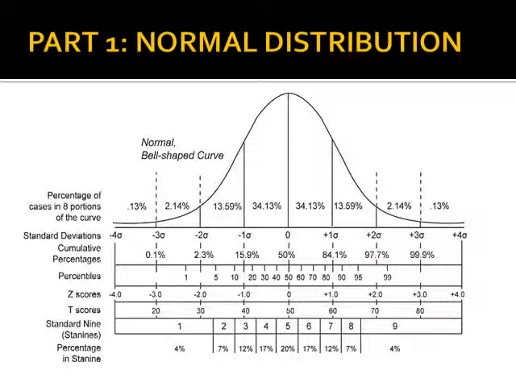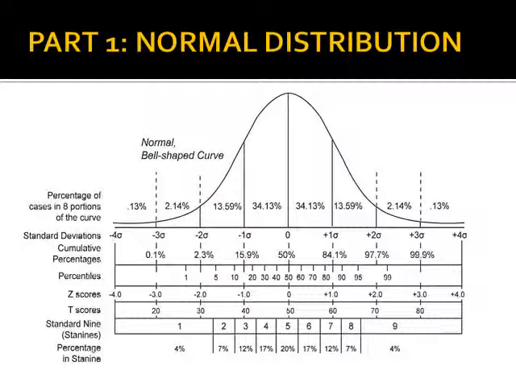If you combine those together, -1 to +1 standard deviations, about 68% of people for most given variables in a population are going to score or report between -1 and +1 standard deviations from the mean. If you go 2 standard deviations out, that's plus 13.59% on the left side to 34.13, and again 34.13 plus 13.59% on the right side.